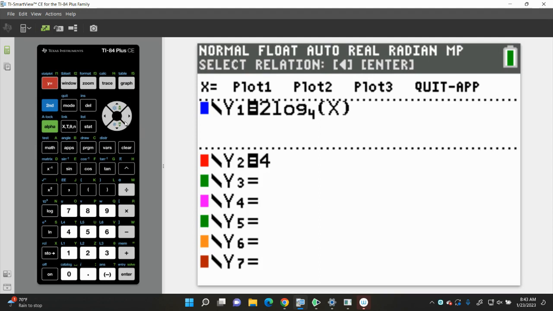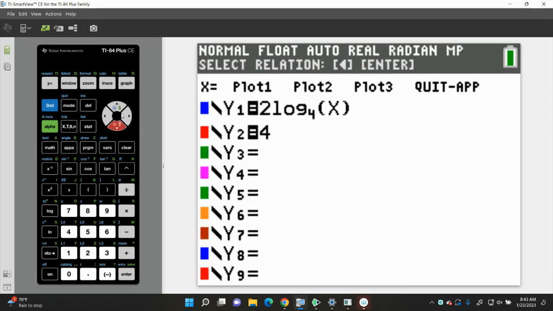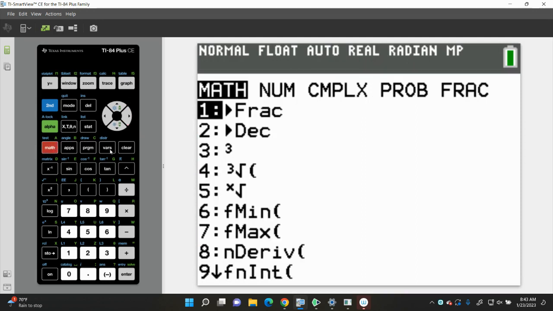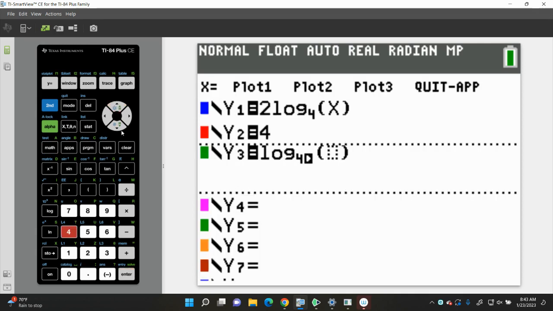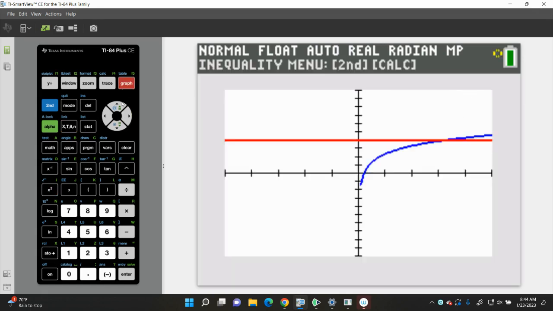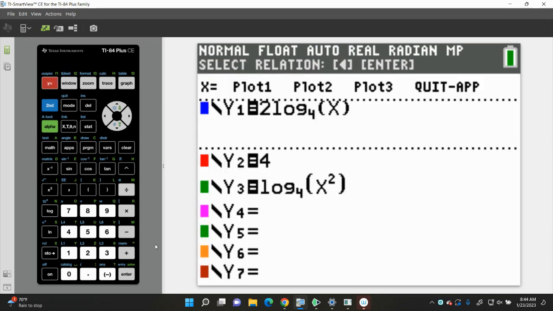Let me just, out of curiosity, put in log base 4 of x squared and see if there's a difference. There shouldn't be, but let's just double check it. Okay, so it's the green one. Oh, that's weird. So why wouldn't that be the case?